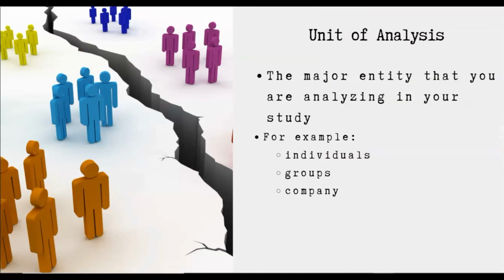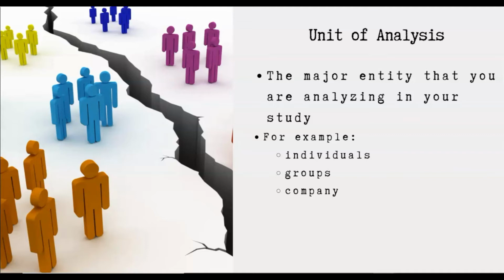Then, unit of analysis. Firstly, the major entity that you are analyzing in your study. It is the entity that you wish to say something about at the end of your study, and it is considered the focus of your study.